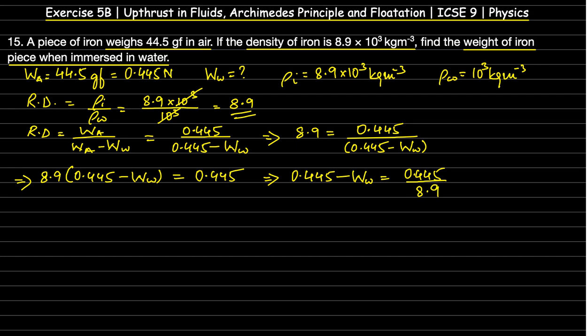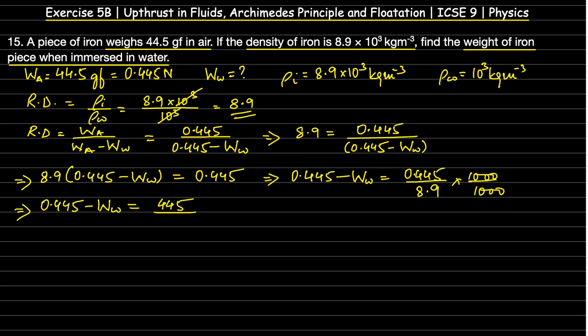Now we would multiply numerator and denominator by 1000 so that the decimal is not there. So we get 0.445 minus weight in water is equal to 0.445 into 1000 will be 445 divided by 8.9 into 1000.